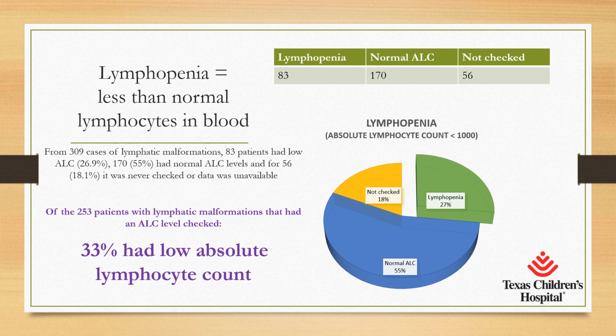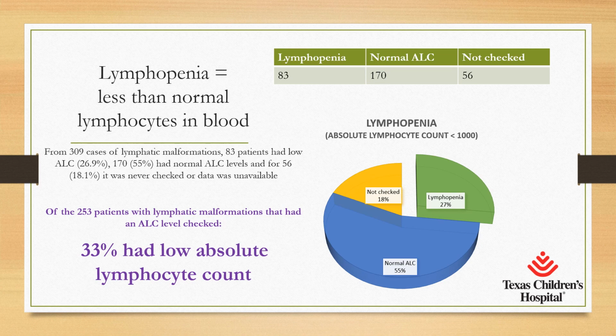And we tried to see in how many cases we noticed lymphopenia, so less than normal lymphocytes in blood. When we reviewed 309 cases of lymphatic malformations, 27% of the patients had low lymphocyte count, 55% had normal lymphocyte count, and for about 18% of them, it was never checked or data was unavailable.